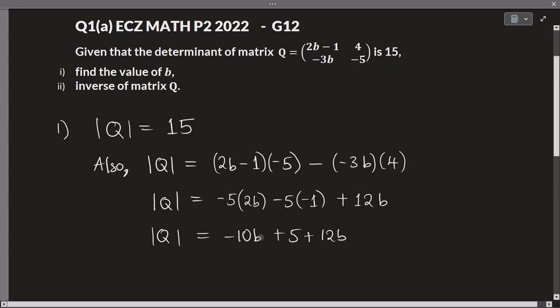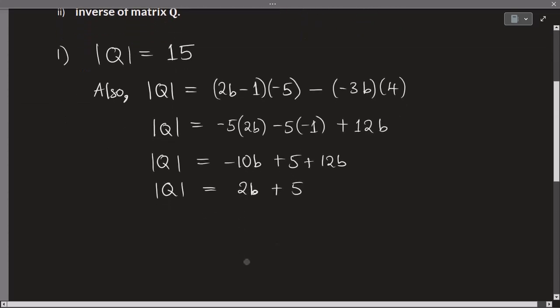We can see that we've got 2 terms that have got b. So we add those 2 terms together, or you could also think of this as subtraction. 12b minus 10b, which gives us 2b. So our determinant is also equal to 2b plus 5. Now, using the 2 forms of our determinant, we can combine and form an algebraic equation, which is 2b plus 5 equal to 15.